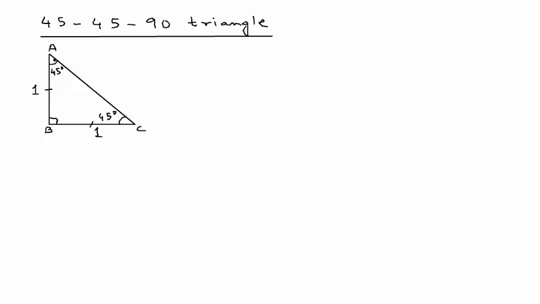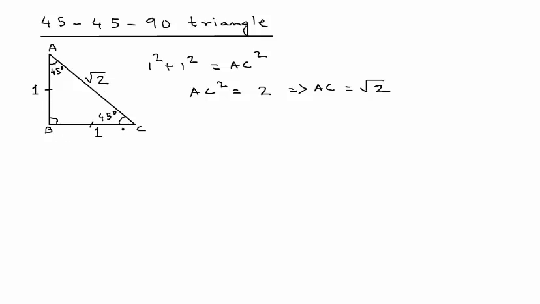Now we can easily find the length of AC using the Pythagoras theorem. And this is how. We could say that 1 square plus 1 square is equal to AC square, because AC is the hypotenuse in the triangle. Now 1 square plus 1 square is 2. So we have AC square is equal to 2, which means AC is equal to square root of 2 units.